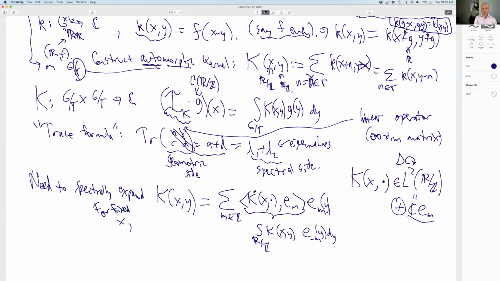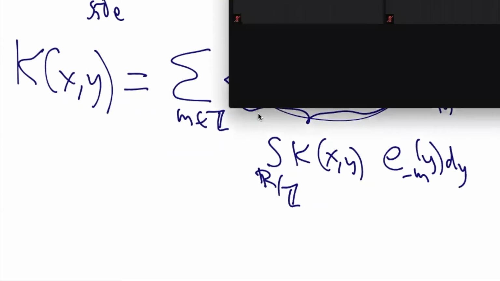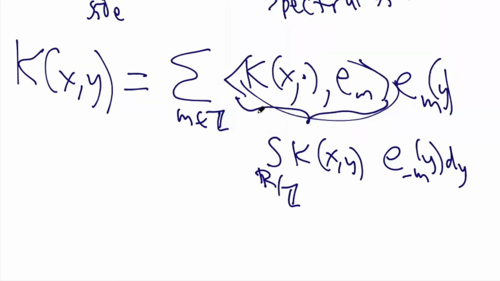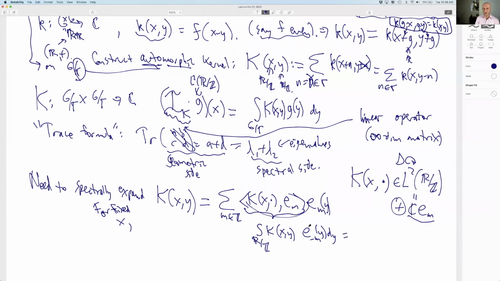So lo and behold, the projection onto the E_m isotypic component of the Hilbert space is itself, up to this conjugation, the integral operator acting on E_m bar of x. Does that make sense?